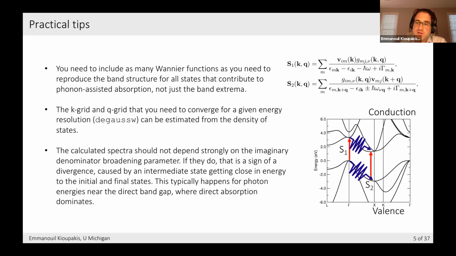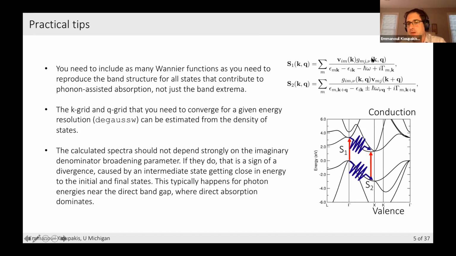The problem is that you have a divergence because the denominators you see here become 0. The broadening is a small number, so only if the first term here is 0 does the broadening matter. When is this 0? It is only possible when an intermediate state becomes resonant with the initial state plus the photon, which is true only when direct absorption becomes possible.